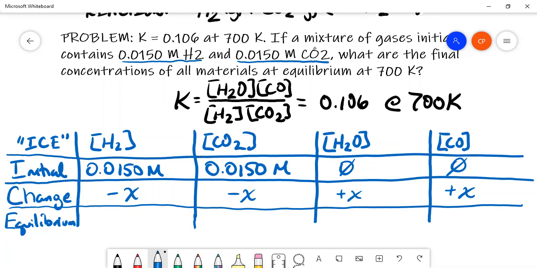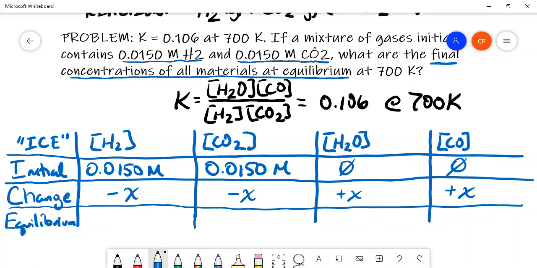And a lot of the homework is built like that as well. But in this particular story, we're trapped because we have no information. In fact, the problem is expressly asking us to find the final concentrations of all materials at equilibrium.